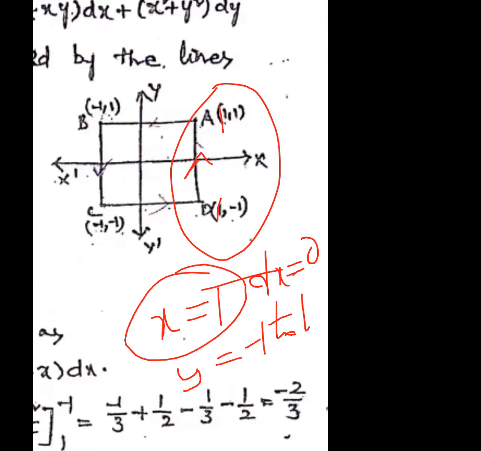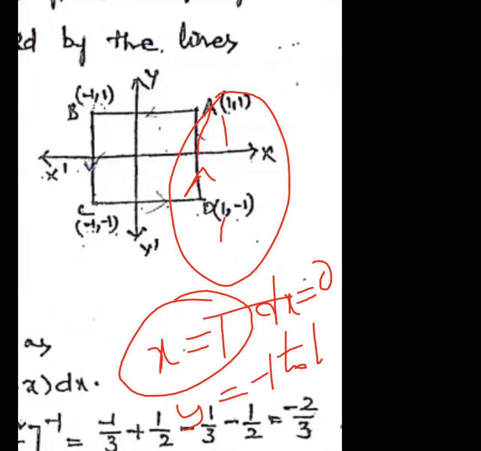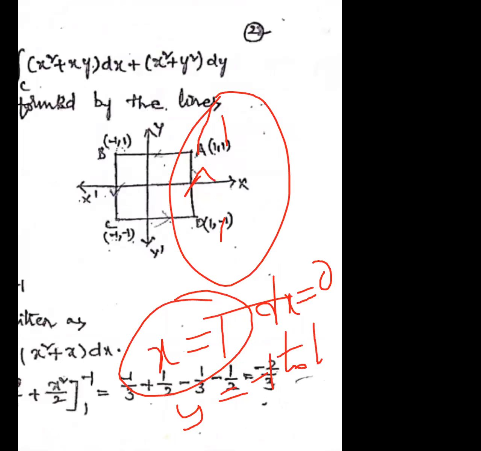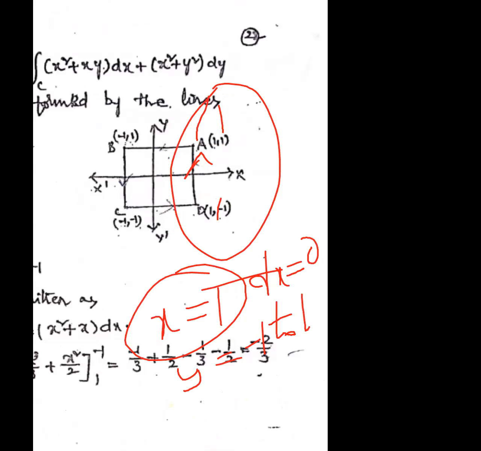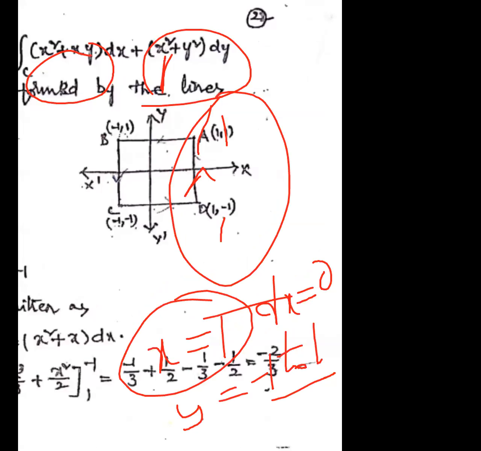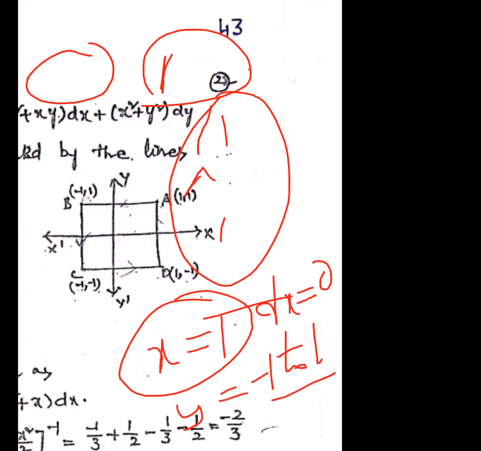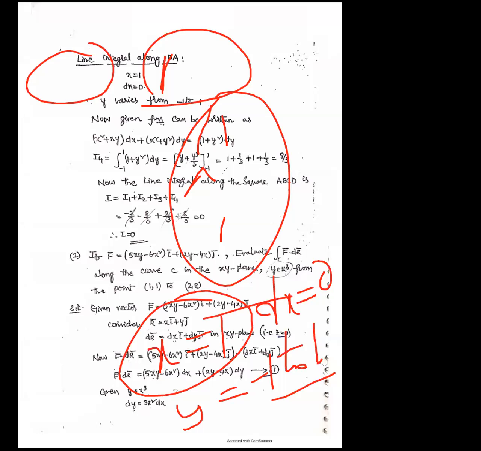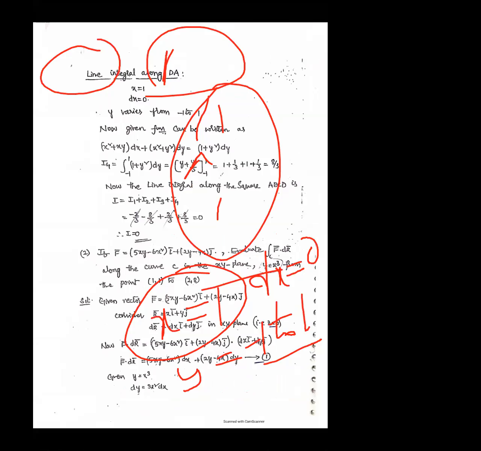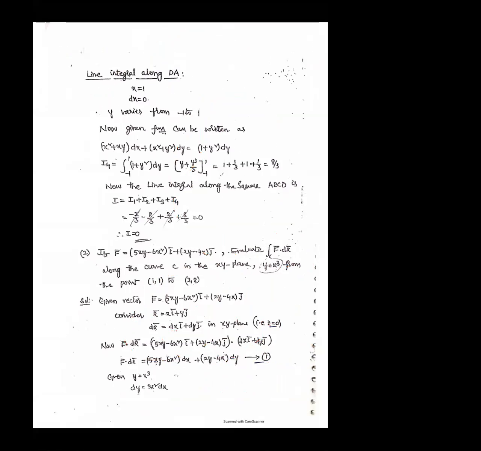Substituting x equal to 1 and dx equal to 0, the first value is completely 0, and in the second value we replace x equal to 1: 1 plus y square. The resulting line integral DA is the integral from minus 1 to 1 of 1 plus y square into dy. Integral of 1 into dy is y, and integral of y square is y cube by 3. Substituting the limits minus 1 to 1, we get the answer 8 by 3.